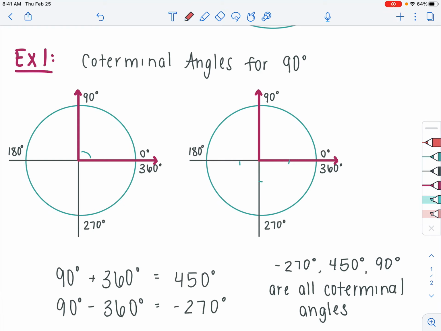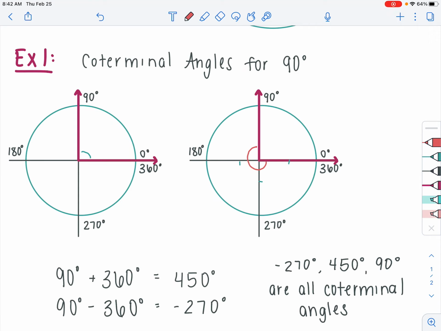So if I'm going to show negative 270, I'm going to start at 0 on my initial side, and I'm going to go backwards. I'm going to go backwards to 90 degrees. That would be negative 270.